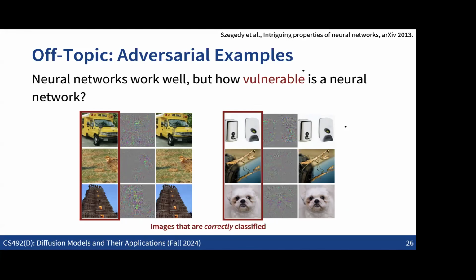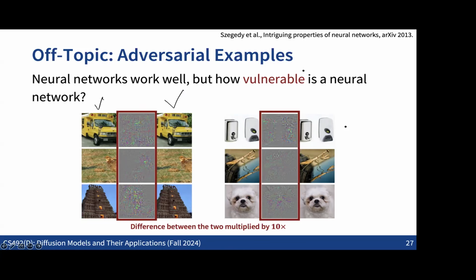Those are all images that are correctly classified using a neural network. Can you tell the difference between the leftmost image and the rightmost image for each of the left and the right-hand side? We have very similar images on the left-hand side and the right-hand side, right? I personally cannot tell any difference between these two.